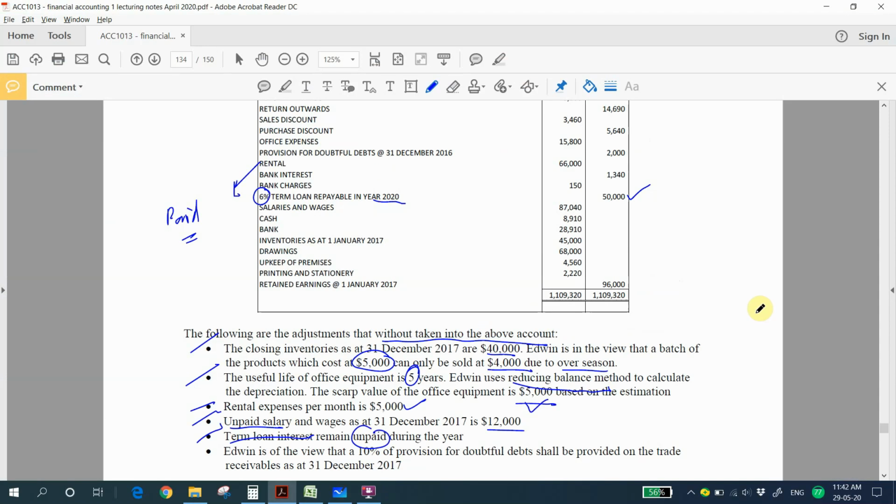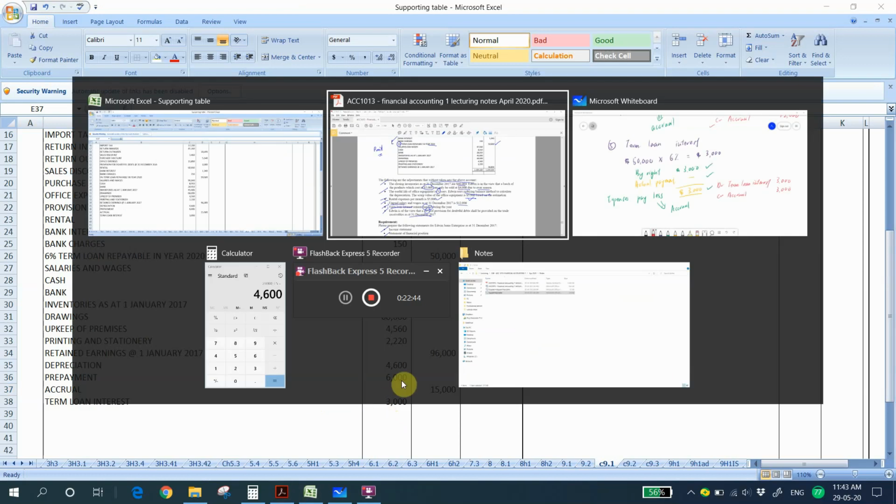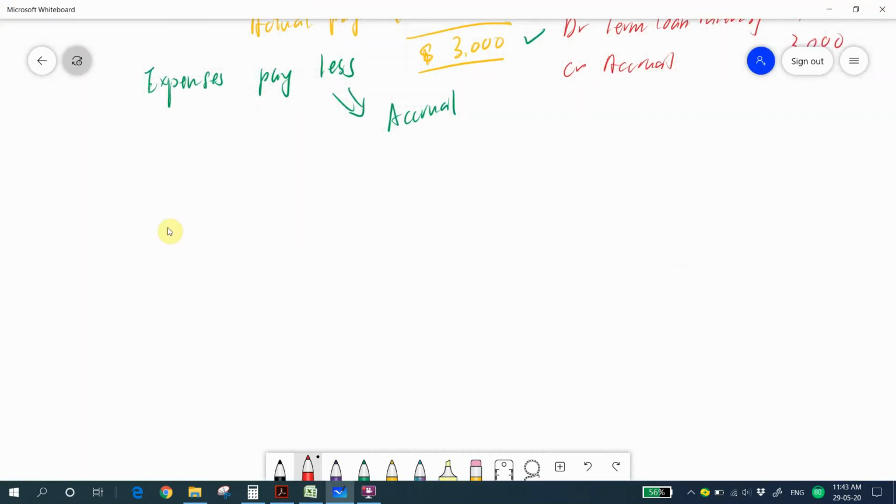Next, the next adjustment is related to your provision for doubtful debts. Edwin is of the view that 10% provision for doubtful debts shall be provided on the trade receivables as at 31st December 2017. So this is adjustment number 6, provision for doubtful debts.